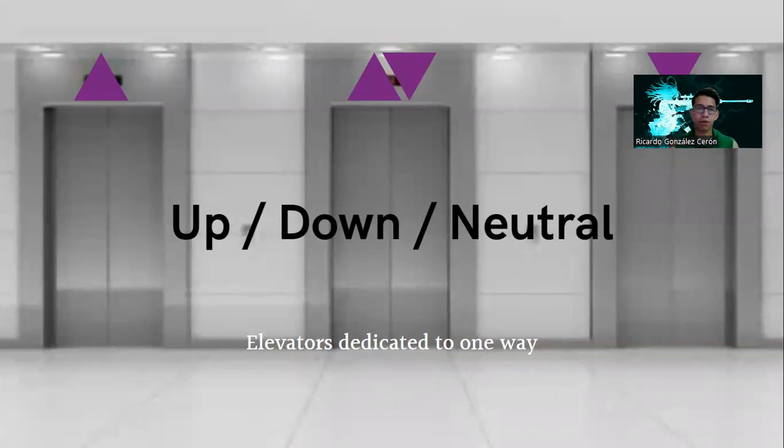Another improvement that can be made, though this has to be researched more, is if we have more than one elevator on this side of the building, we can dedicate some of them just to go up, just to go down, or just to be neutral, going either way.